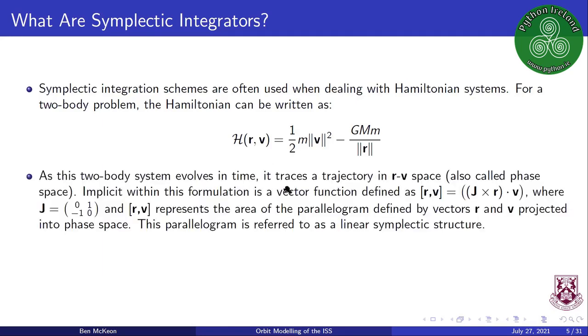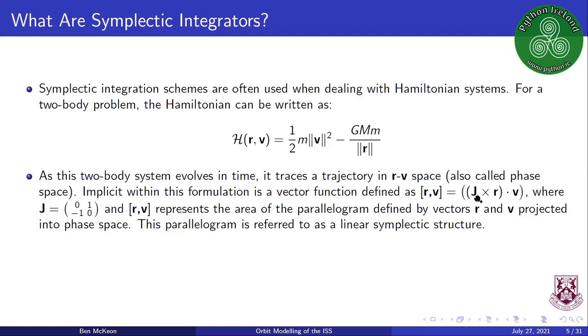Moving on from that, as this system of our Earth and the space station evolves in time, it will trace a trajectory in what is called RV space, which is also called phase space. Basically, if we were to plot the distance on one axis and the station's velocity on the other, and if we had two vectors within that, I don't know if you can see my camera there, and we projected them into RV space, we end up with a vector function here, which is defined by all of this stuff.